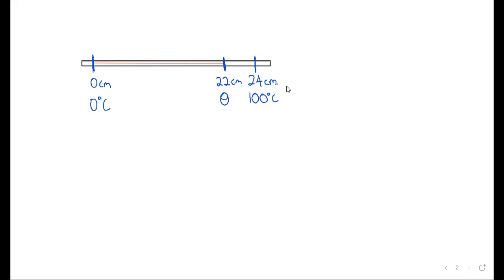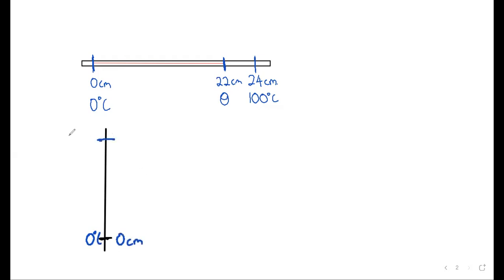So we have a system where, initially, the temperature was 0 degrees Celsius when the length of the mercury was also 0 cm.